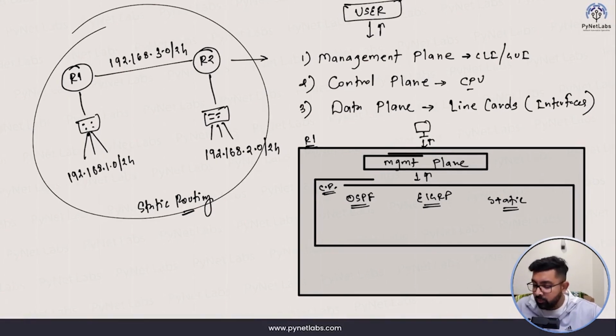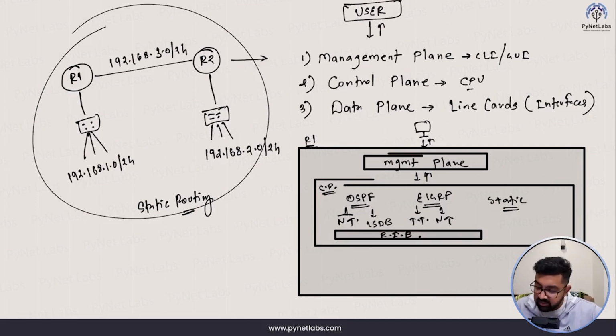So what will OSPF do? In OSPF, it will form the neighbor table, right? It will also form the link state database table and so on. EIGRP will also do topology table calculation and the neighbor table calculation. Static does not really work with any tables though. But after that, there is something called the routing information base.